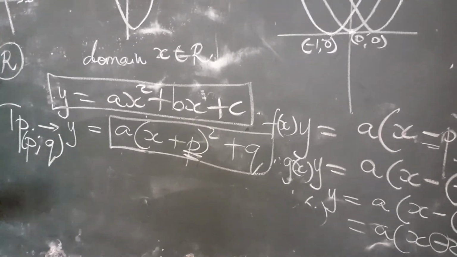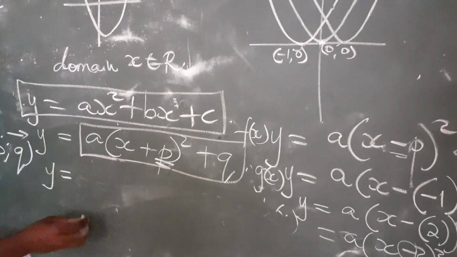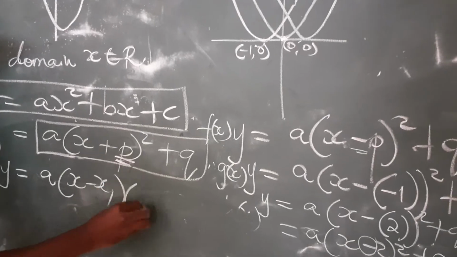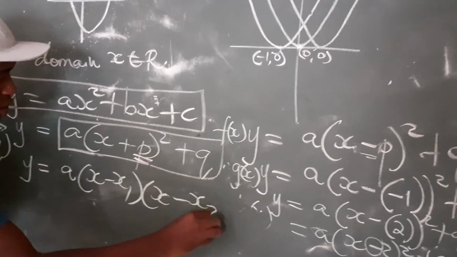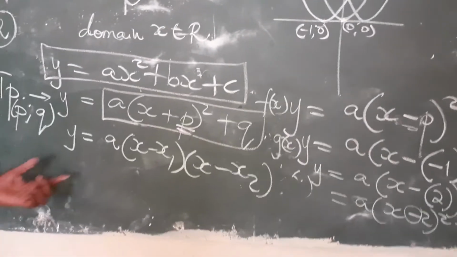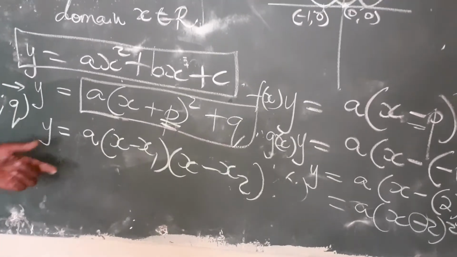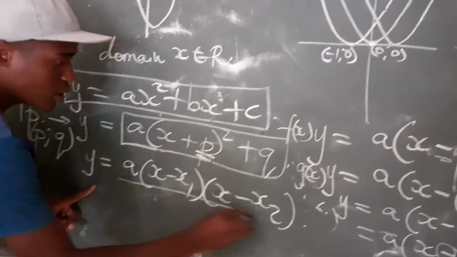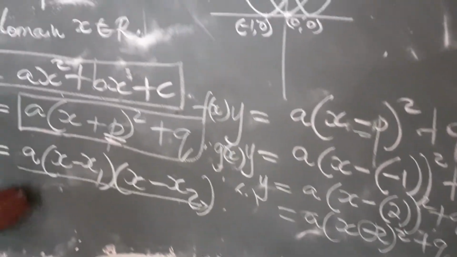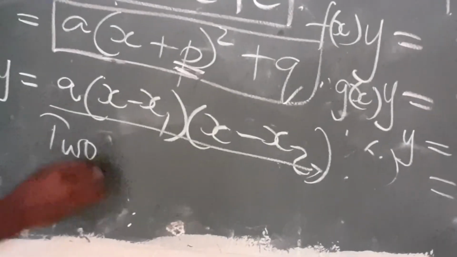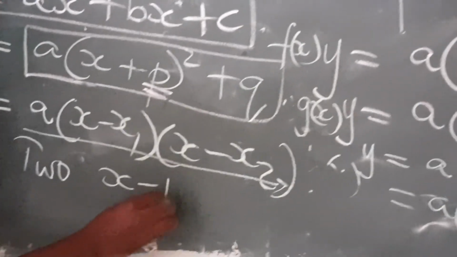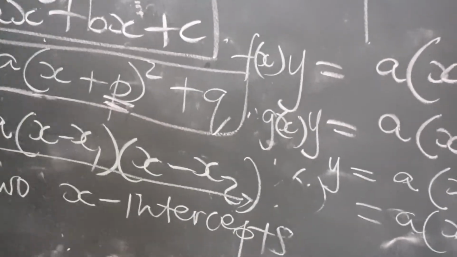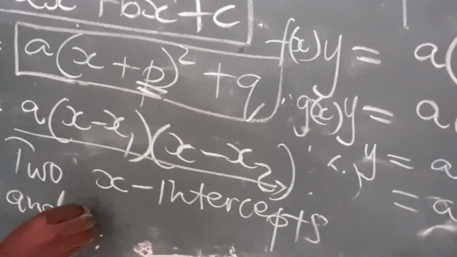But I'm having the third graph, which is y equals a into x minus x1, x minus x2. This one is also a parabola, but where must I use it? I will use this formula where I'm having 2 x-intercepts and a point.